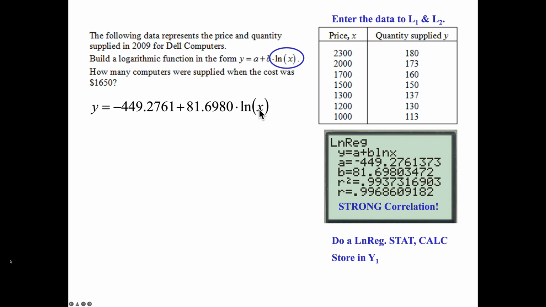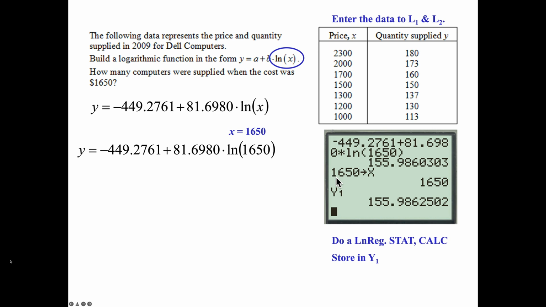That's your X. You can put it in right there. So we could crunch this on the home screen, or we can go to your calculator and find it there. So 2 ways we can type it in. 1650, store it for X, and I think we have to go Y1 parentheses X, and then it'll automatically store it.